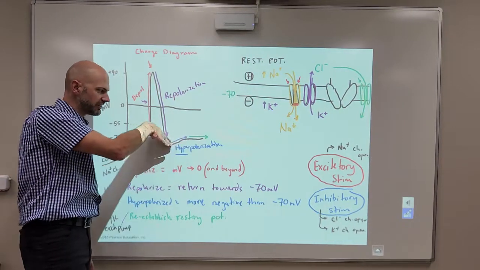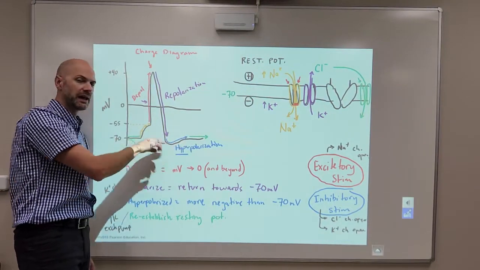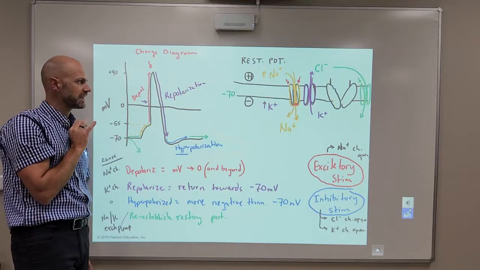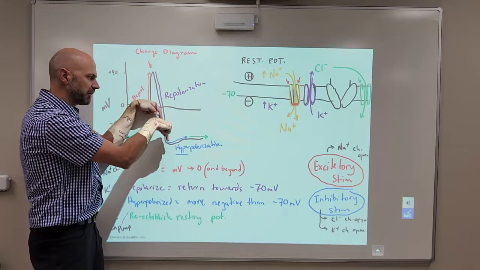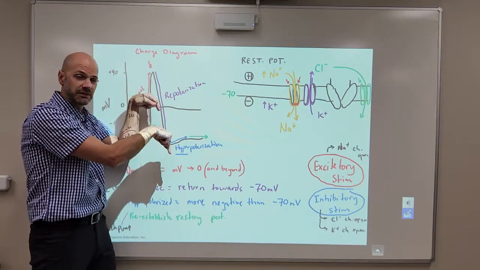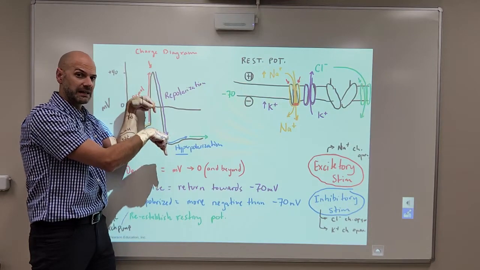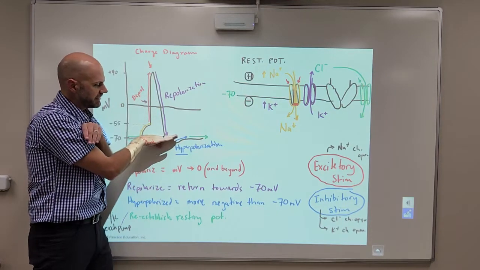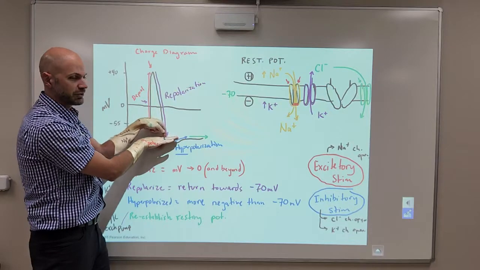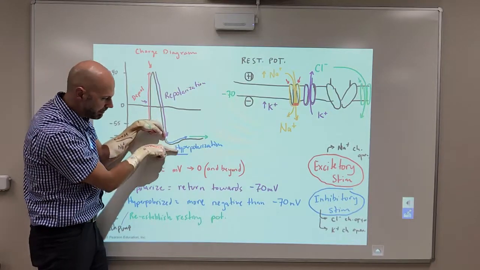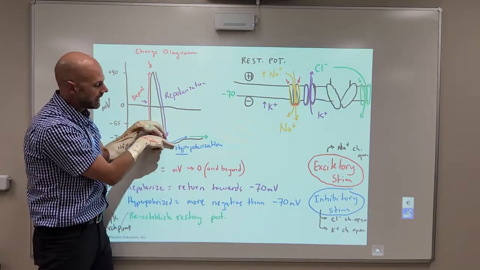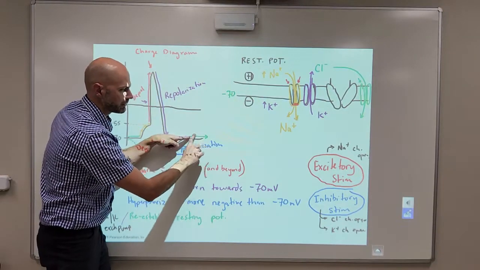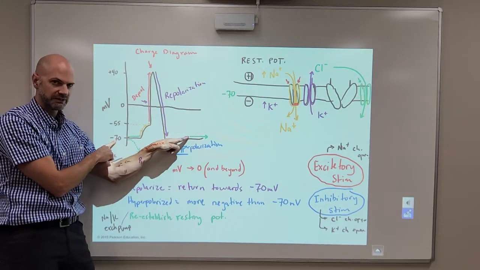We have this trough area of what we call hyperpolarization. Repolarization and hyperpolarization are both in the same direction, that is, getting more negative. The difference is one is returning to minus 70, one is actually bypassing minus 70. Eventually it's going to return up to resting potential, which again is minus 70.